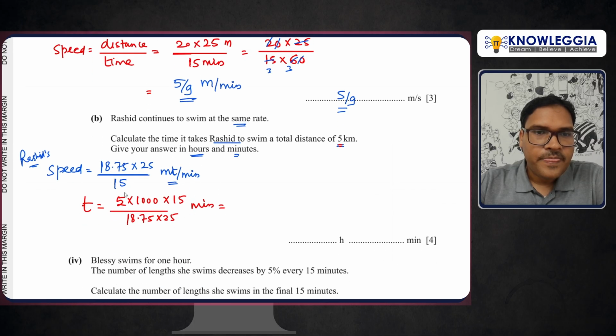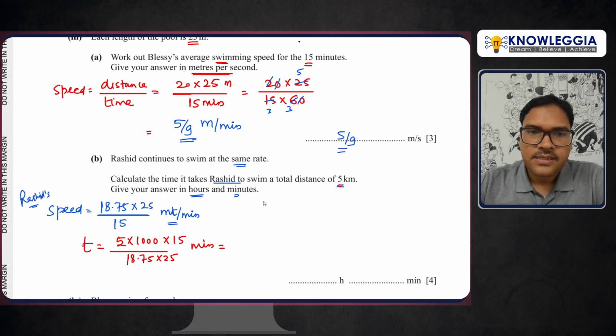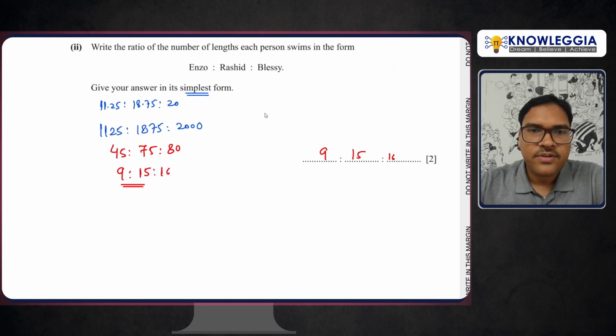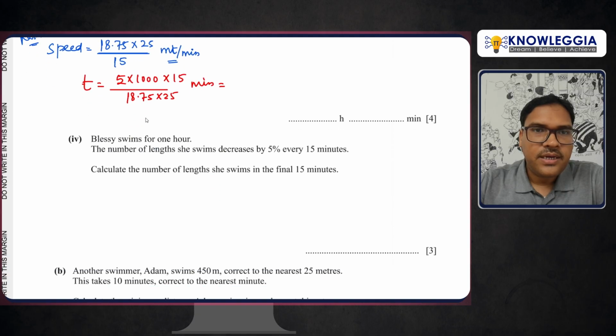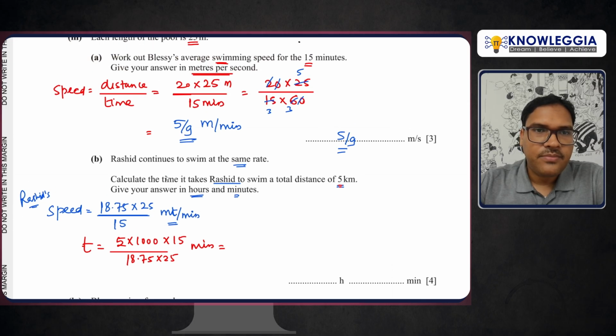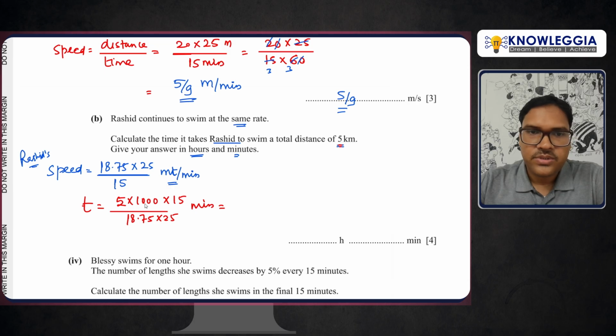What is the distance traveled? Number of laps by Rashid is 18.75, and each is 25. So 18.75 into 25 is the distance, upon time. What was the time? 15 minutes. Okay, so that is correct. Now time is equal to distance upon speed. You can see distance is 5,000 upon the speed, which is 18.75 into 25, upon 15. So let's check the calculations again.